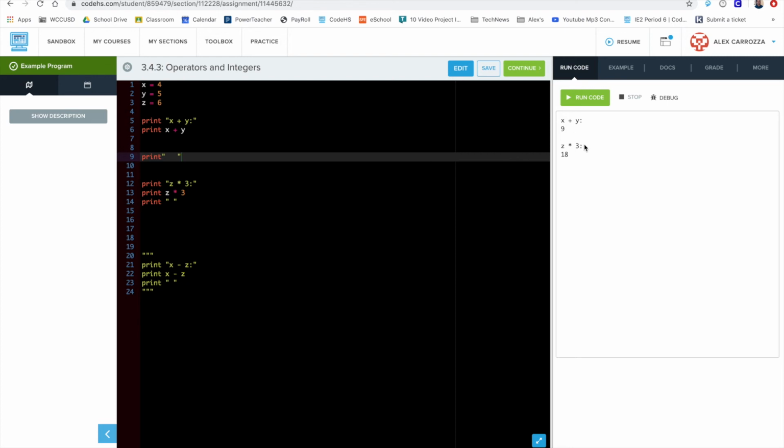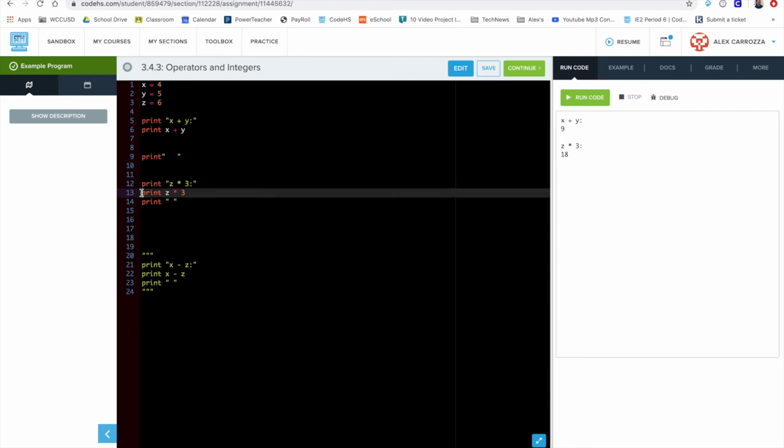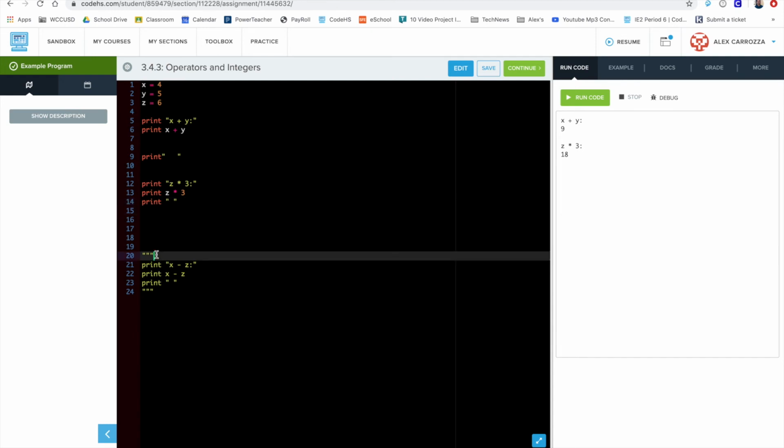So this first line, all that is print, right? Because we're just using quotations. Then right here, we're actually using our z variable. So 6 times 3 is 18. So where you see this 18, that's line 13 being printed. And then this last line is just to give us a space in between this last one.